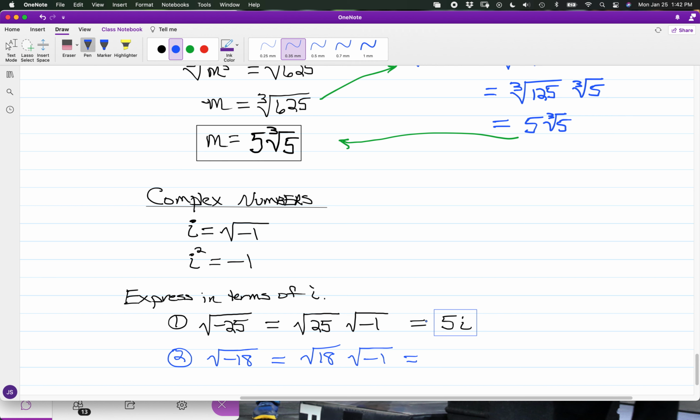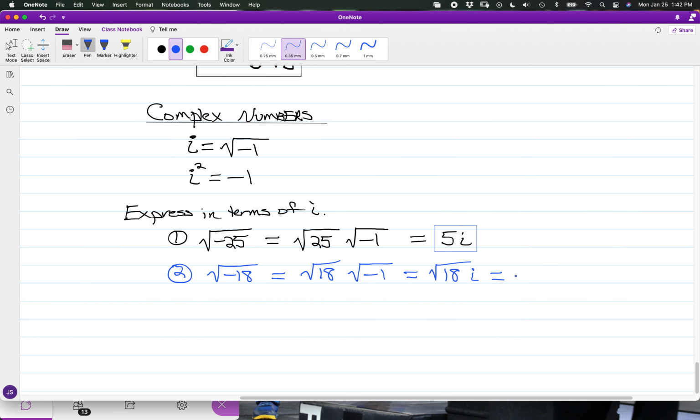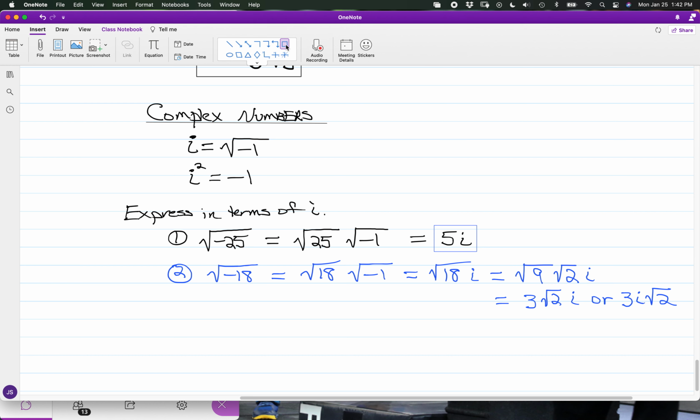So right now we have the square root of 18 times i, and the highest perfect square divisible into 18 is going to be 9. The square root of 9 is 3, times the square root of 2, and we have times i. Some like to write everything in front of the radical, so this could also be expressed as 3i times the square root of 2.